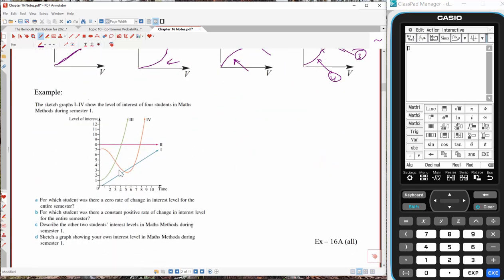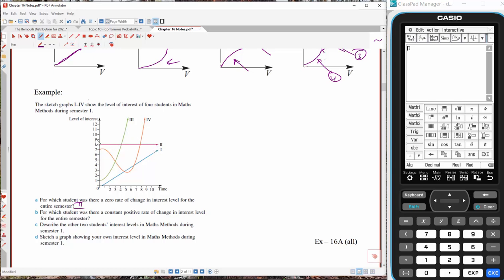Right, in this one here, the sketch graphs 1 to 4 show the level of interest of 4 students in maths methods during semester 1. For which student was there a 0 rate of change in interest level for the entire semester? Well, that's this one here, that's graph 2. And that doesn't mean that they have 0 interest in maths methods.